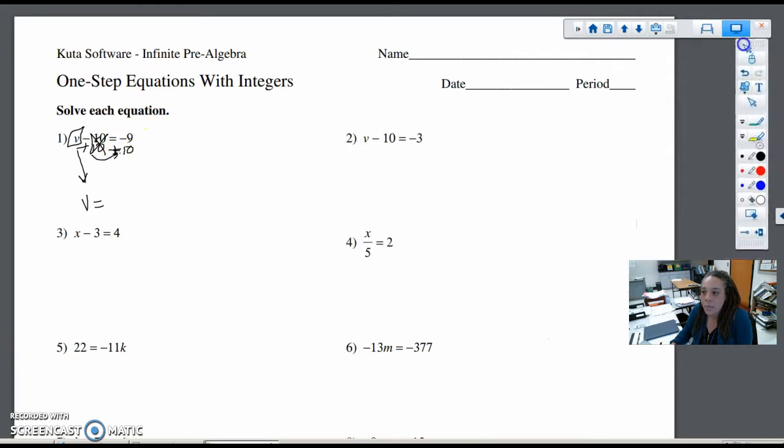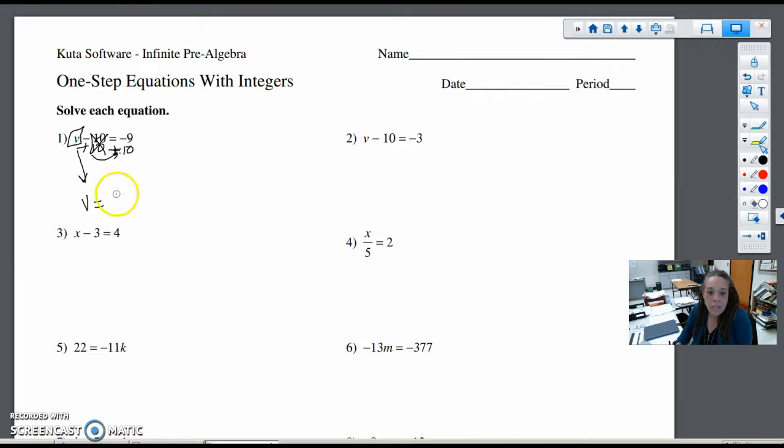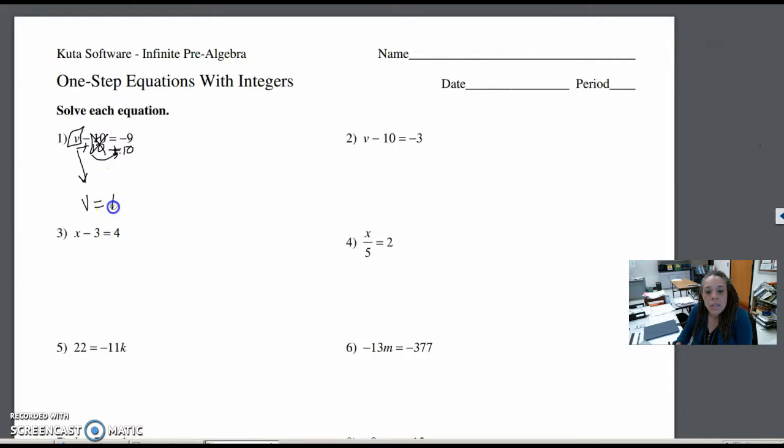Well, negative 9 plus 10 is going to leave me with a positive 1. So v equals positive 1. The way you can check your answer is you can put in 1 for the variable. 1 minus 10 equals negative 9. Is that true? Yes. If your answer is true, that means you got it right. So this is called the addition property of equality because we added on both of the sides.